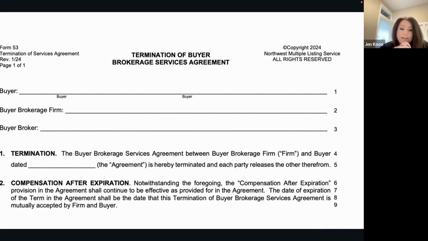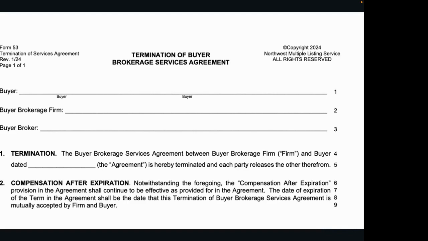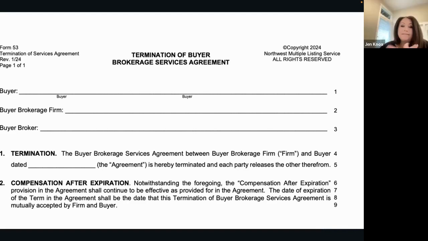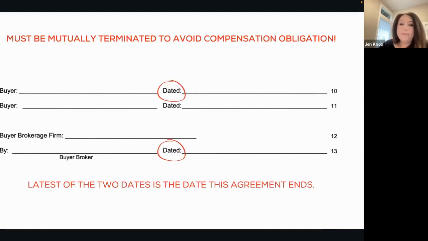I'm terminating this between us. You both need to actually sign and sever that contract in order for that agency relationship to end. If it is not mutually signed by both people, then technically that agency relationship, whether you continue to communicate with them or not, still exists.